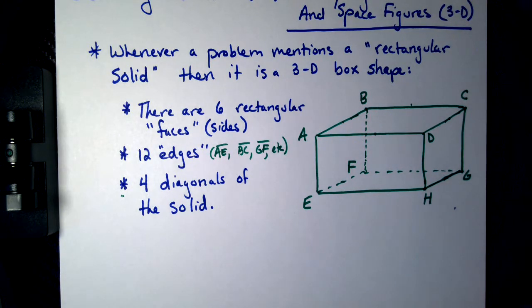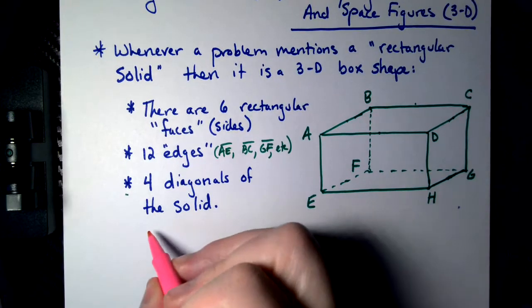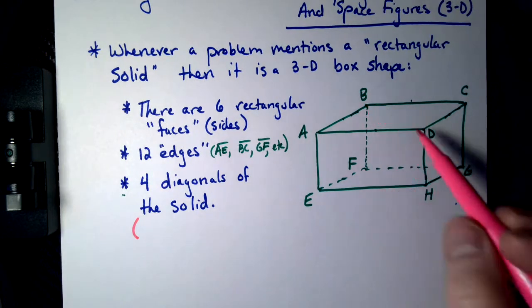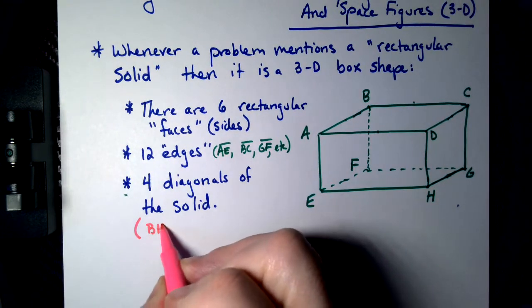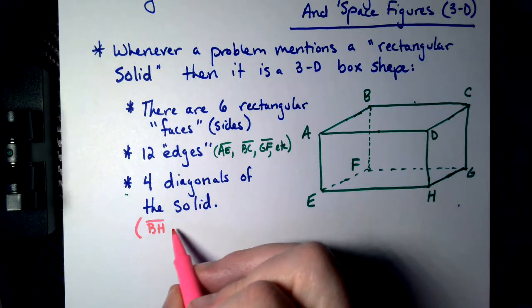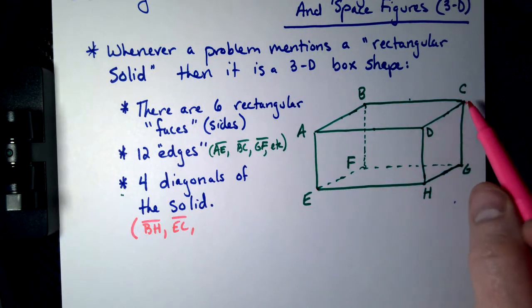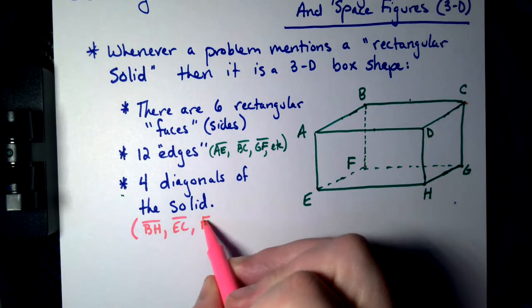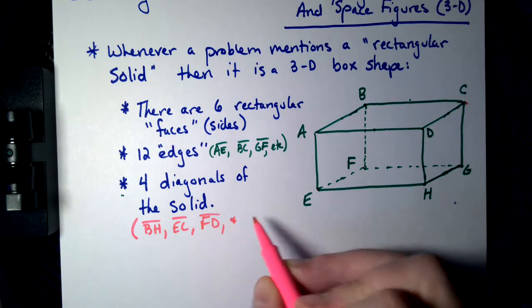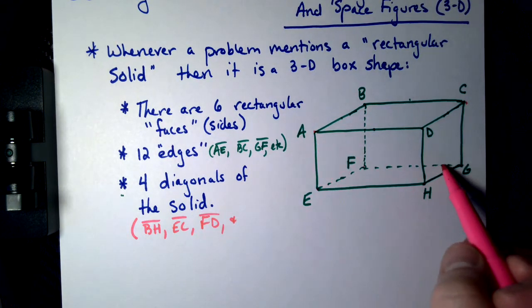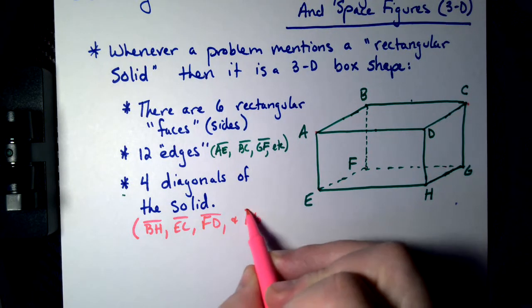We want to learn how to find the diagonal of the box. So the diagonal of the box, and there are 4 diagonals of the box. Those diagonals in this diagram are BH, if that was drawn in, EC, if that was drawn in, E all the way up to C, F to D, if that was drawn in, and A to G, if that was drawn in.